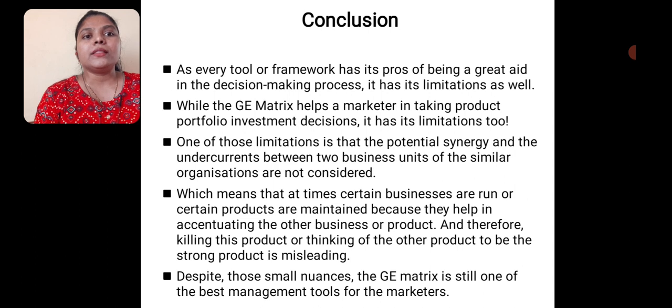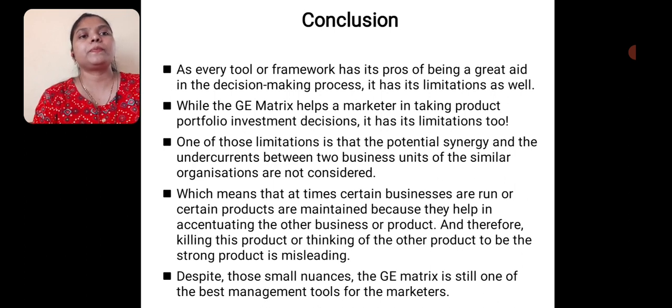At times certain businesses are run or certain products are maintained because they help in accentuating other businesses or products, and therefore killing these products or thinking of the other product as the strong product is misleading. Despite those small nuances, the GE matrix is still one of the best management tools for marketers. So this is all about the GE matrix.